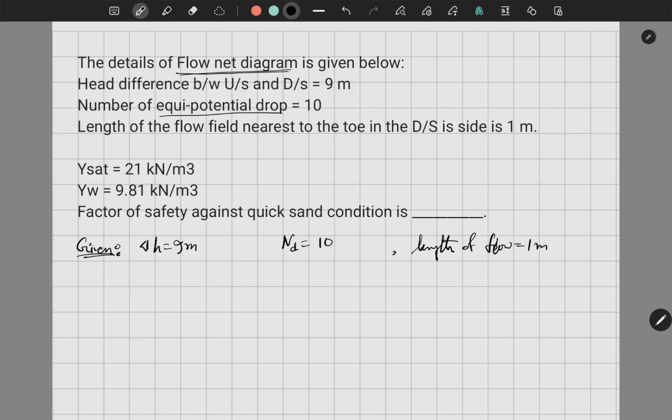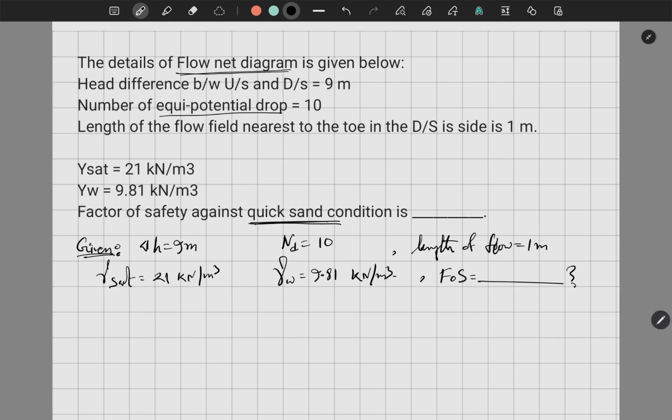Then they have also given rho saturated 21 kilonewton per meter cube and rho w 9.81 kilonewton per meter cube. And they have asked to find out the factor of safety in the quicksand condition. On the basis of the quicksand condition, you have to find the factor of safety. That's a very simple question.